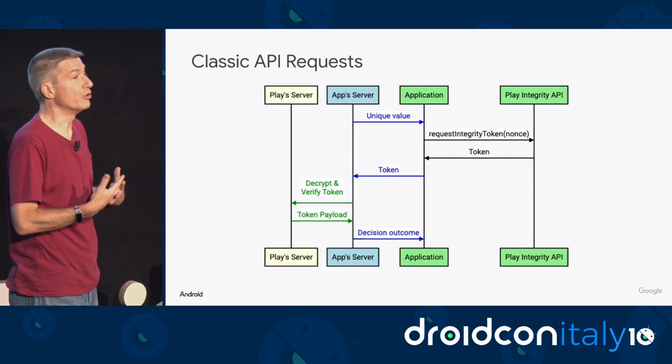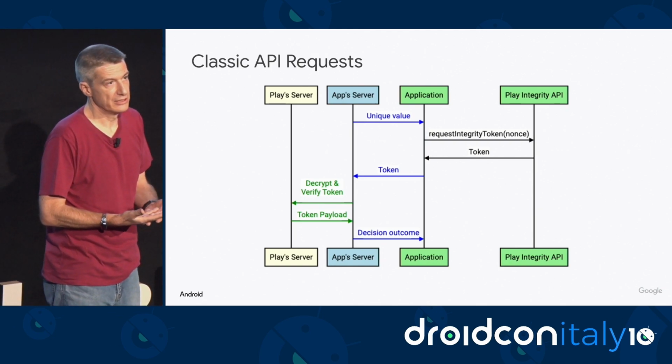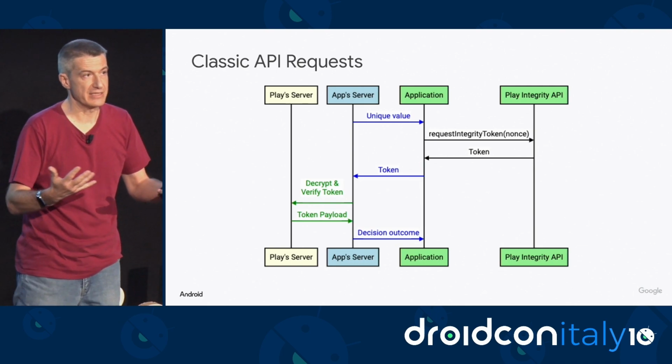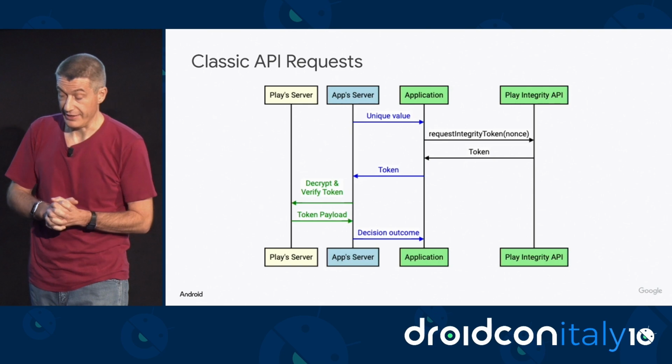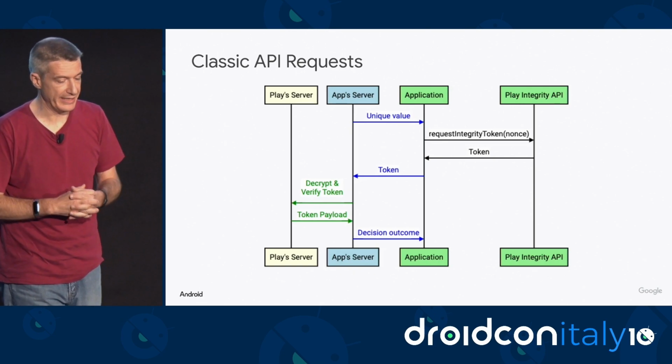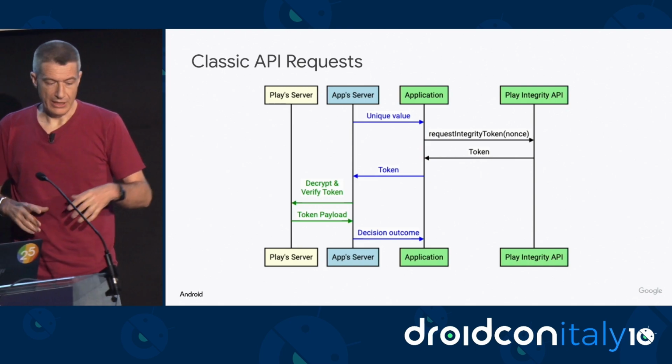The token also includes the information about the nonce, so the backend server can check that this is the same request, not another request that is replayed to the backend system.